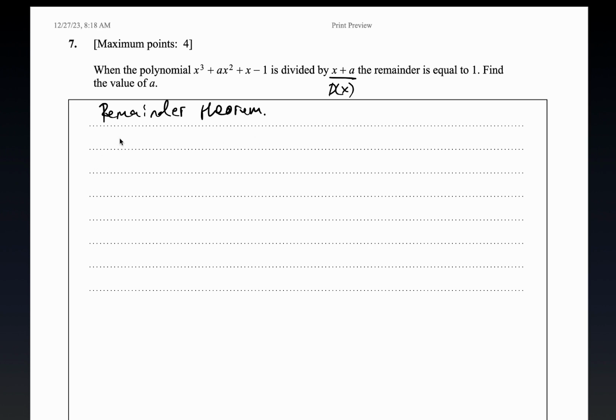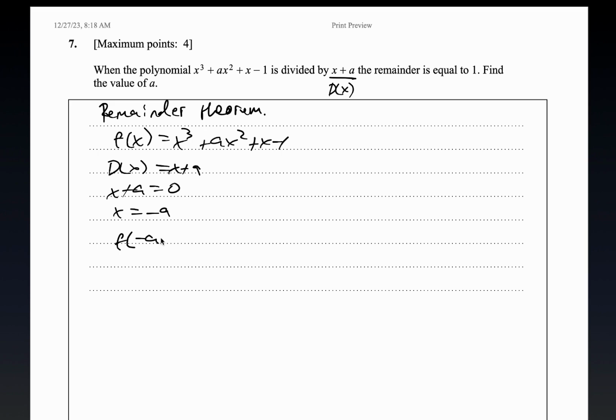Okay, so our f of x is x cubed plus ax squared plus x minus 1, and our d of x is x plus a. So if we say x plus a is equal to 0, then x would be equal to negative a. Okay, and then we can say that f of negative a should give us the remainder.